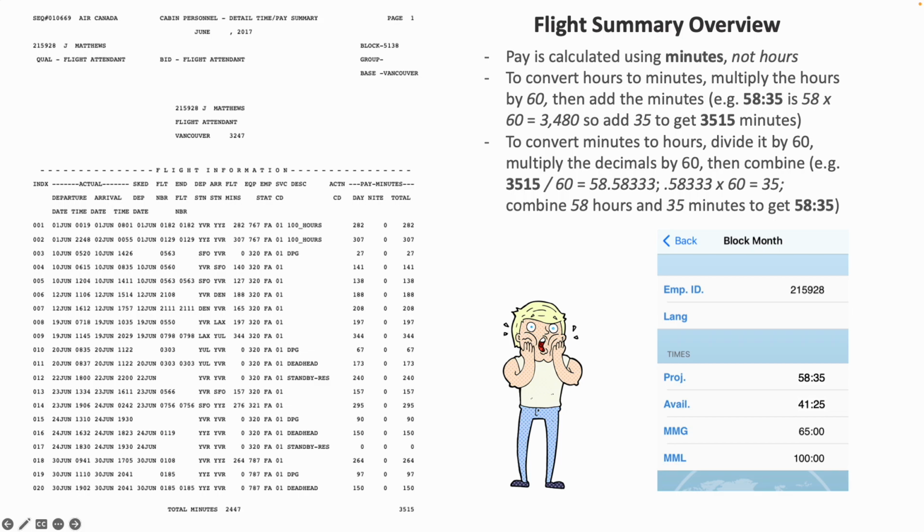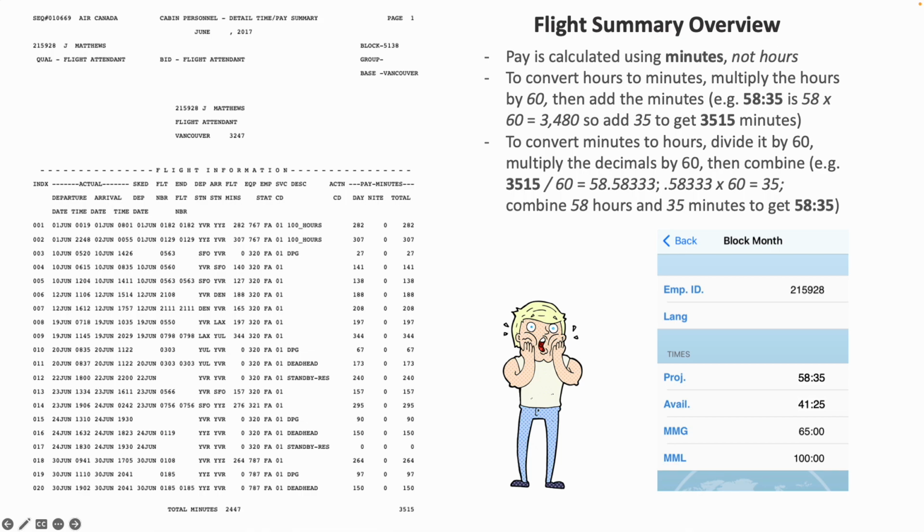So let us start out by talking about the two pay documents that we use. The first one that we use is a pay statement. This is issued to employees in all departments, not just in flight services. But the second document, and the one that we're going to look at in more depth in this presentation, is the flight summary. This is specific to in-flight services.